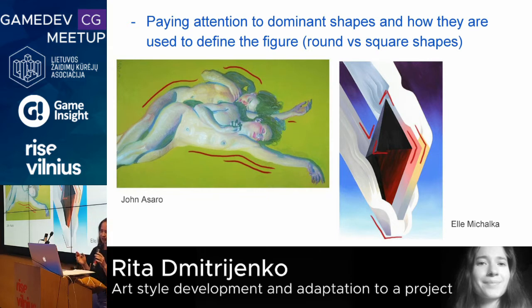Like the first image, John Asaro, it's very realistic and nice and soft and flowy, and El Michalka is all rough and tough and squarish, and even her clouds, even though there are some rounded elements in them, are so strict and have a very strict direction. If you ask me, I'm more of a square and shapy kind of gal, so I really admire El Michalka's work.